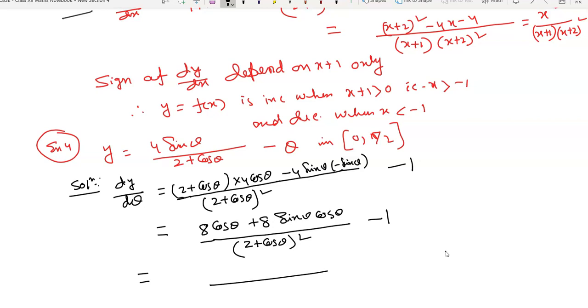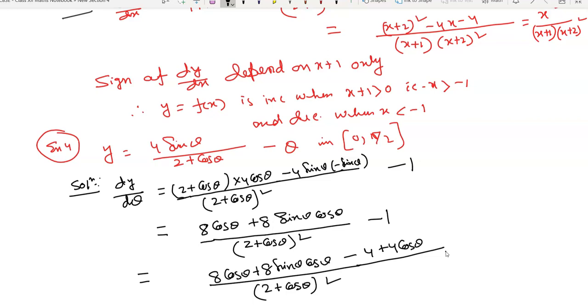So there it will be 2 plus cos theta whole square in the denominator, and in the numerator 8 cos theta plus 8 sin theta cos theta, this minus 4 cos theta plus 4 cos square theta.